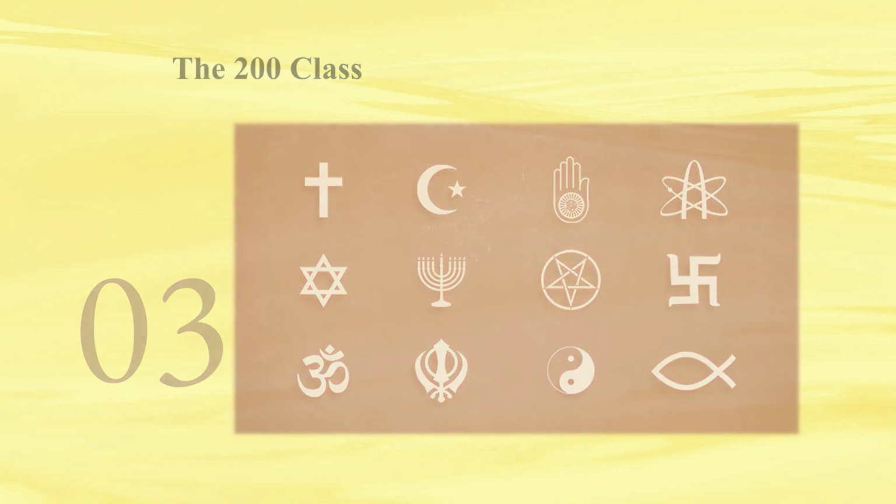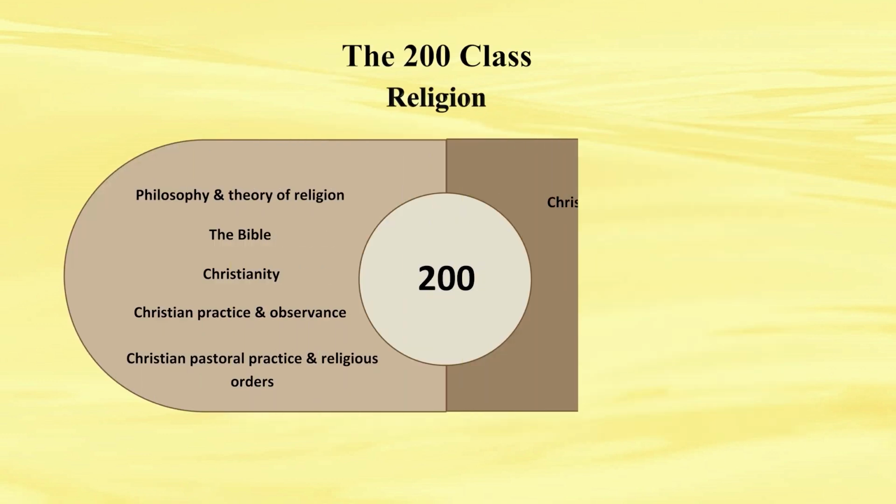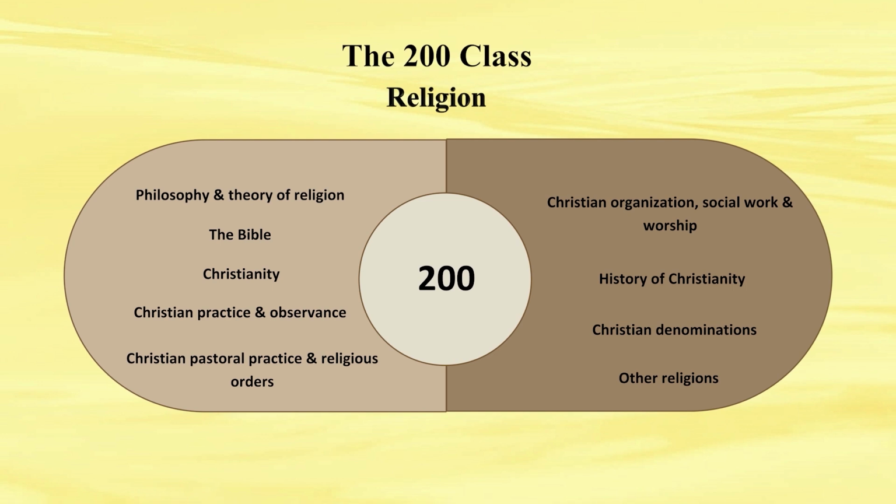subdivisions of the religion. The class 200 has again been divided into 10 divisions like this. That is philosophy and theory of religion, the Bible, Christianity, Christian practice and observance, Christian pastoral practice and religious order, Christian organization, social work and worship, history of Christianity, Christian denomination, and finally 290 other religions.